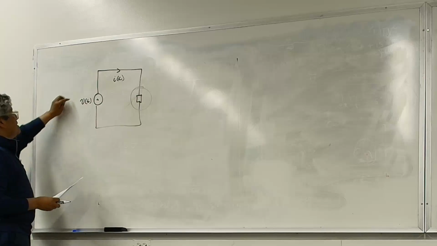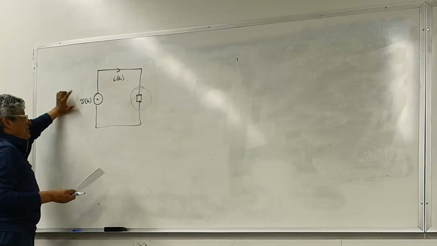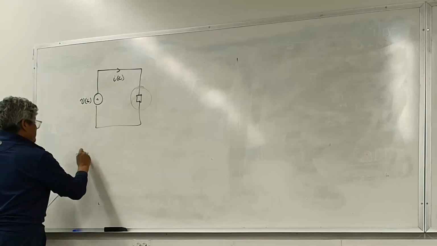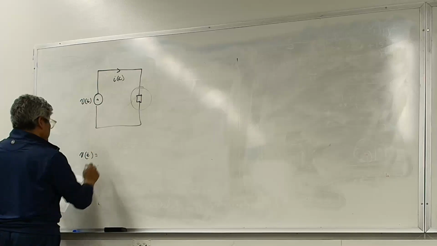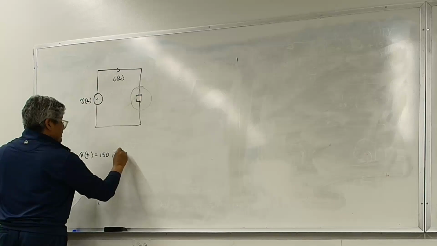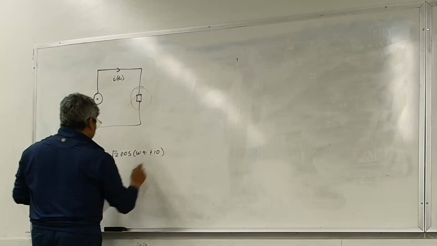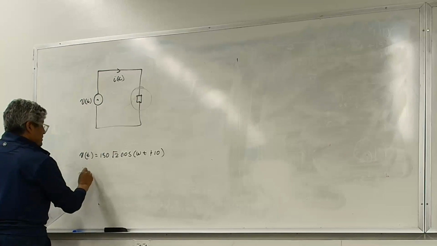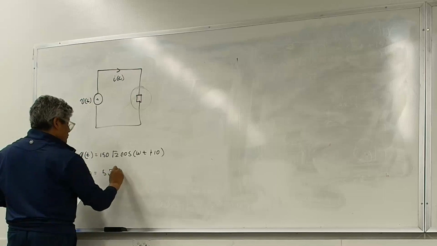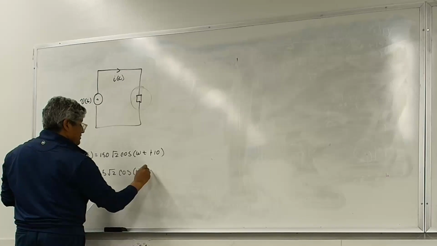But what they're asking is, can I find the real, reactive and apparent power drawn by this load with the given information? v of t is equal to 150 square root of 2 cosine omega t plus 10 degrees, and i of t is equal to 5 square root of 2 cosine omega t minus 50 degrees.